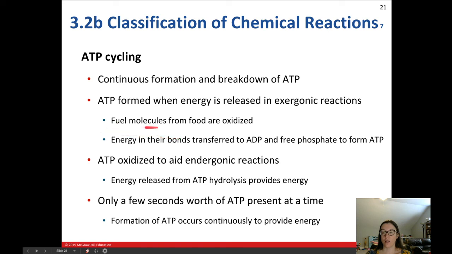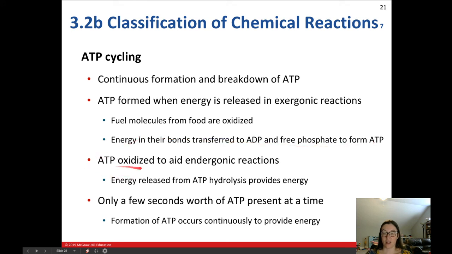And so fuel molecules from food are oxidized, and the energy in their bonds is transferred to ADP and a free phosphate to form ATP. And so that energy that's been released from exergonic reactions is used to synthesize ATP. And that ATP then we can move around and the cell can use it very well.